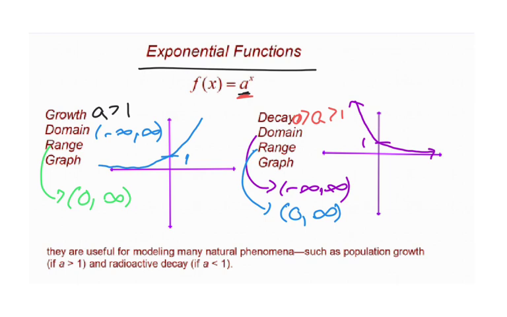And exponential functions are very useful for modeling natural phenomena, such as population growth, radioactive decay. And notice growth has to be greater than 1, and decay is actually less than 1, but it's positive. If it were negative, it would flip it over, which we'll talk about in the next lesson.